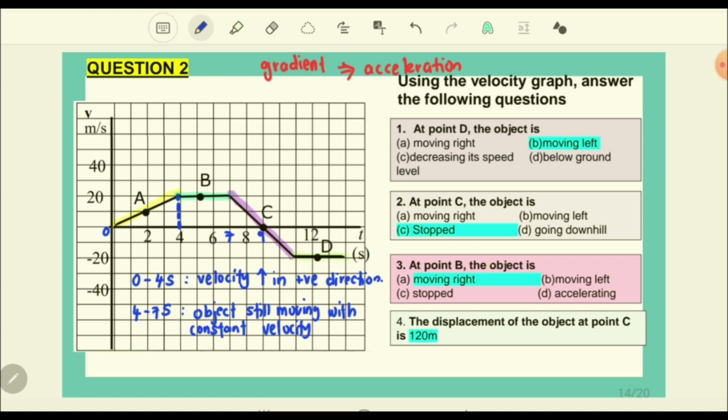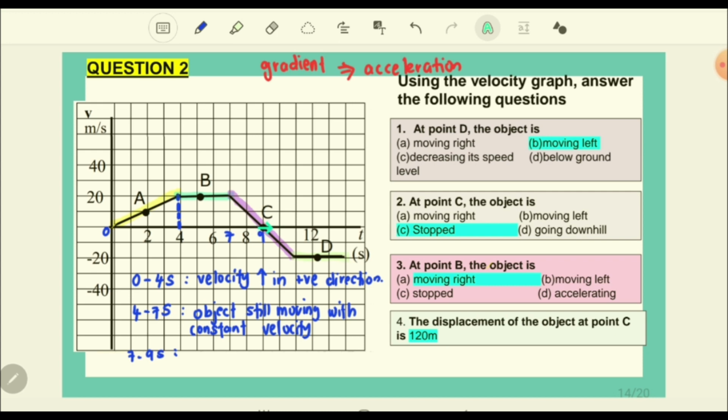From 7 to 9 seconds, the object is still moving, but the velocity is decreasing from 20 meter per second until 0. At point C, the velocity is 0.